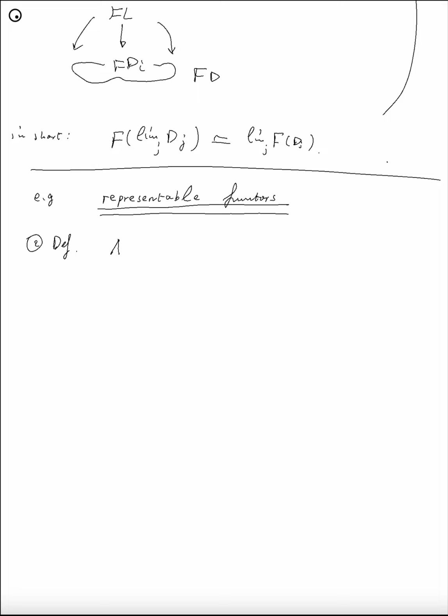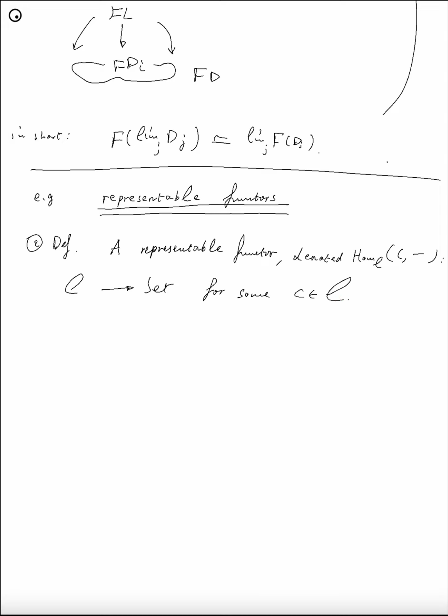A representable functor, denoted, so this is a covariant functor from C to Set, for some object C, which maps object X to Hom(C, X), and the morphisms are mapped by composition.